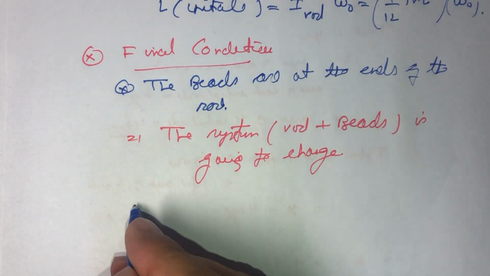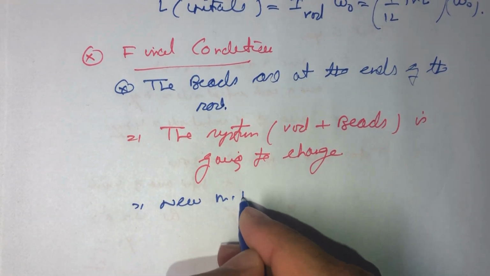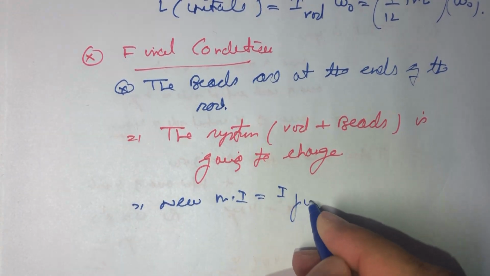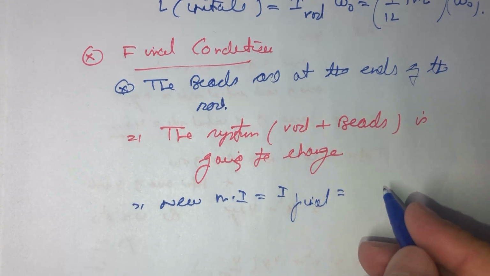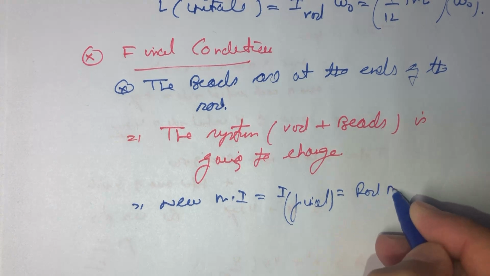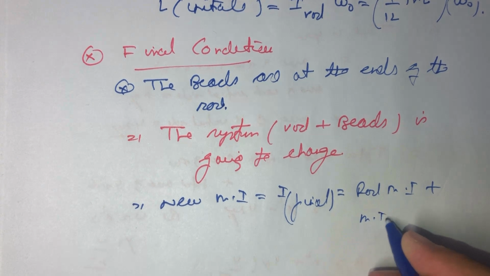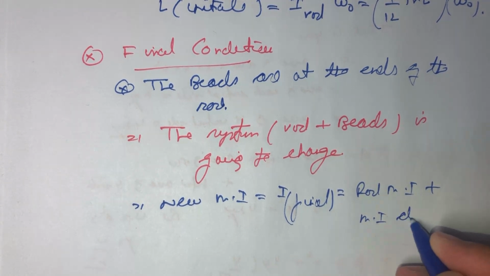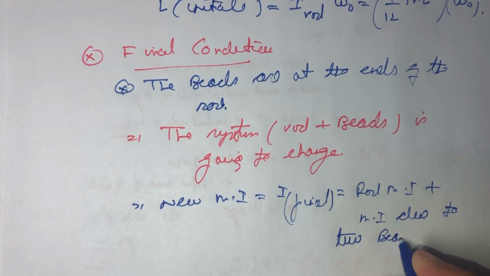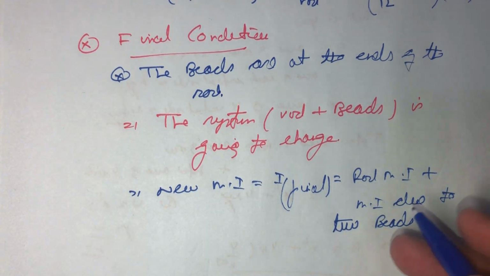And let us say the new moment of inertia, we call this I final, will be equal to the rod moment of inertia plus the moment of inertia due to two beads, and the two beads will be at a distance of L/2 from the center.